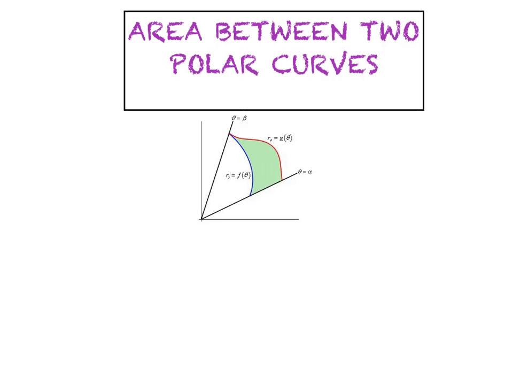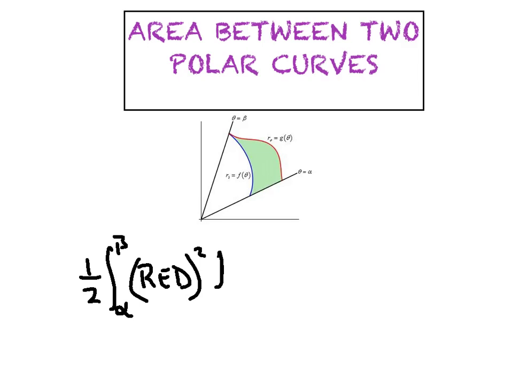We want to find the area between the red polar curve and the blue polar curve within the finite bounds of alpha to beta here, and generically, here's how we're going to set this up. The first integral I'm going to set up, we're going to integrate from alpha to beta, and I'm going to do just the red curve. I'm going to write red just because that's the easiest thing to do.